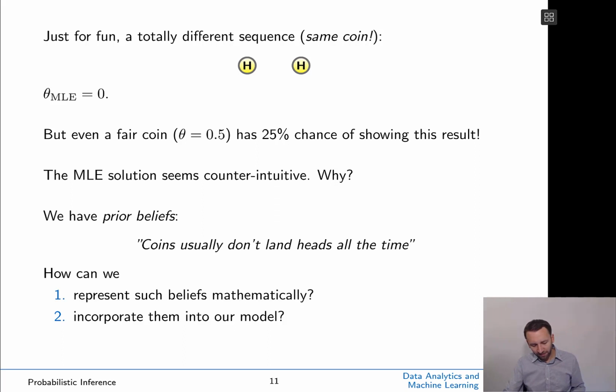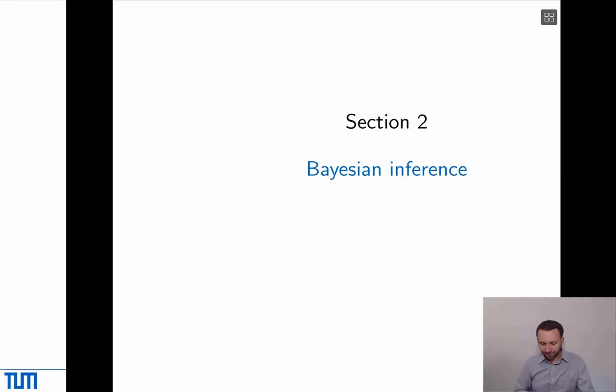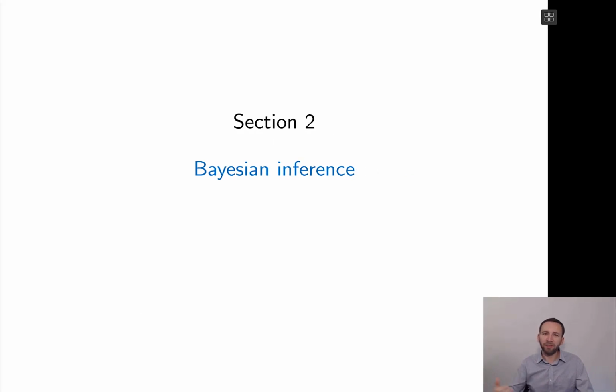So we have some prior belief, and the question is, how can we represent such prior beliefs about a coin mathematically, and how can we then derive hopefully a better estimate about our parameter, about how the next coin will behave? How can we do this formally? This is what we want to do in the next chapter, where we talk about Bayesian inference in general and specifically about maximum a posteriori estimates.